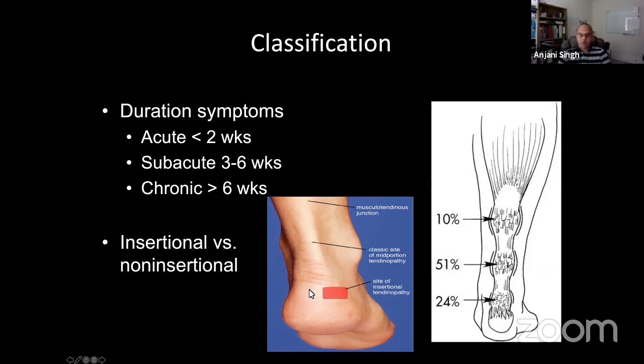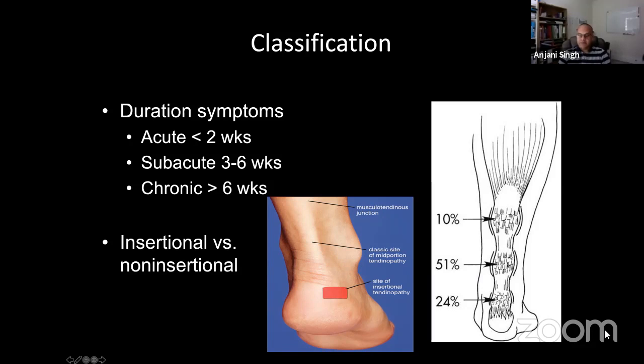Insertional is around where the broad expansion of the tendo-Achilles attaches to the back of the calcaneum. And classic non-insertional pain is normally seen in what we call the watershed area, which is around 4 to 6 centimeters proximal to the attachment onto the Achilles tendon.